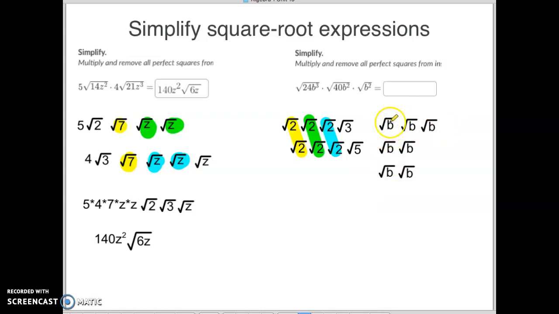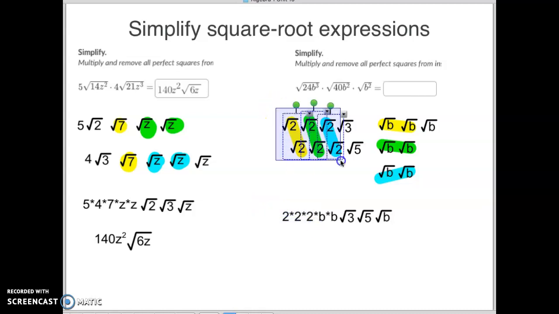I've got 2 b's here, 2 b's here, and 2 b's here. And then you notice I've got this 1 leftover b right over here. So I've got 3 real 2's and 3 real b's. So when I put this together, I've got 3 real 2's, which came from these right there. I've got the 2 real b's, which, oh, I did not have 2 real b's. I have 3 real b's.